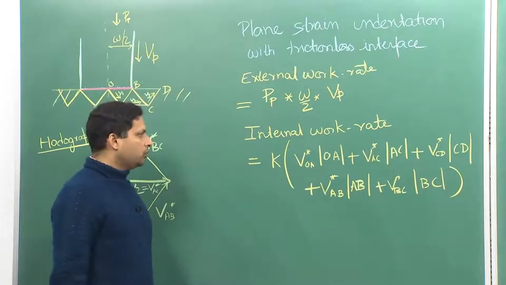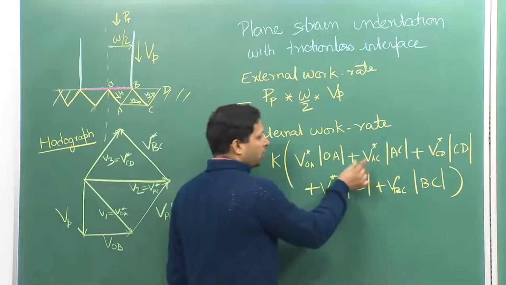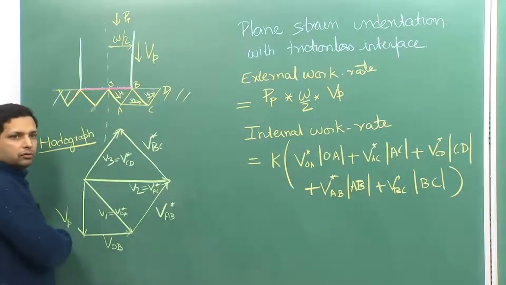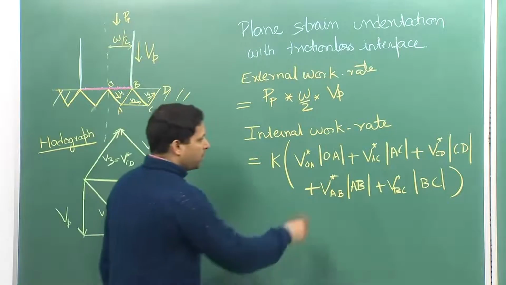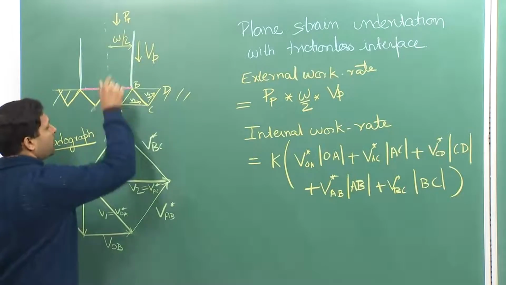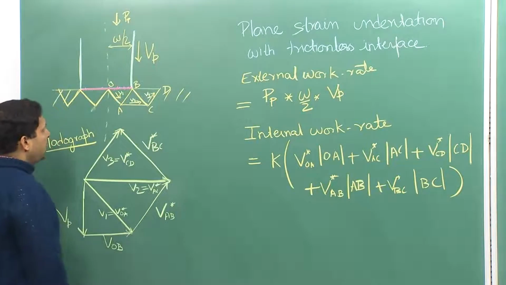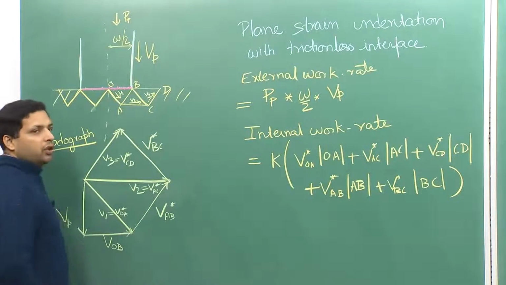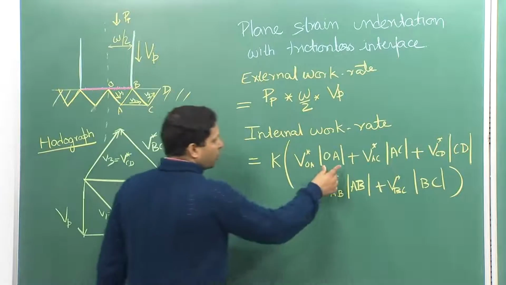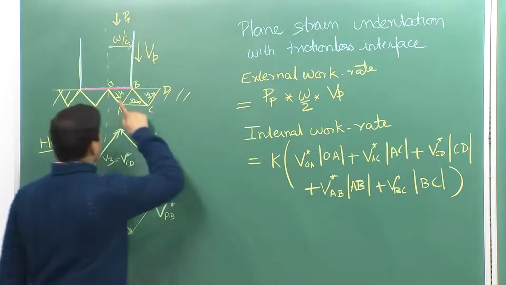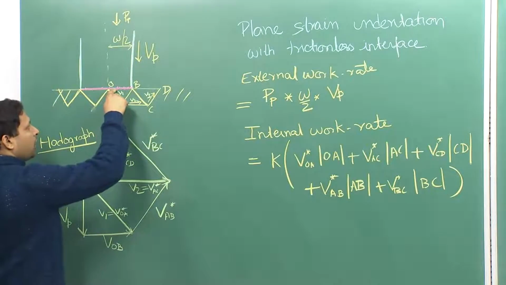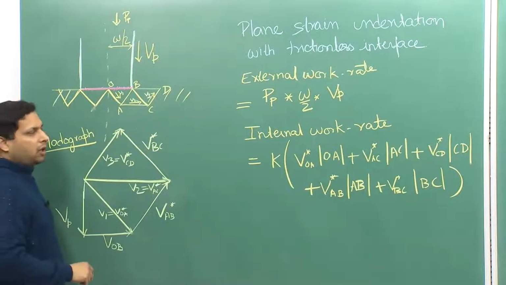Now, what do we need to do? We need to relate all the velocities that we have over here with the velocity that we know, which is Vp. Similarly, we relate all the dimensions, such as OA, with the dimension that we know, which is W by 2. Given our geometry, you will see that it is very straightforward. For example, OA, AC, CD, what are these? These are these dimensions. This is an equilateral triangle, so all 3 lengths are equal.